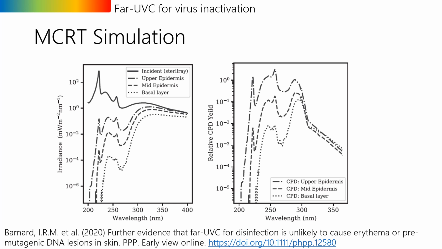With Monte Carlo radiative transfer modelling, they were able to take the spectrum of the lamp that was used in the Woods study in 2015 and simulate how the lamp's spectrum travels through the skin. And if you look at the graph on the left-hand side, you can see that it's the longer wavelengths that penetrate further into the skin.